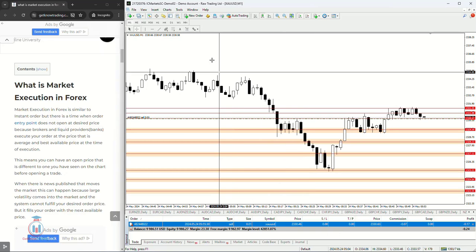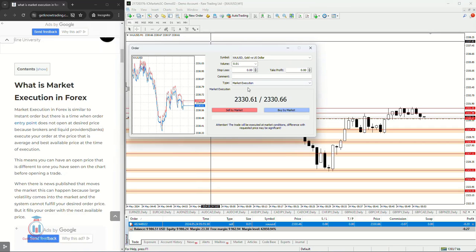What is the problem with this way of opening an order? The problem is that we have an issue if you are trading as a scalper. If you are scalping, this means you would like to open a trade at the current market price, because probably you're trading with a bot or you are trading very fast, and you would like to open at the price that is currently shown on the market.